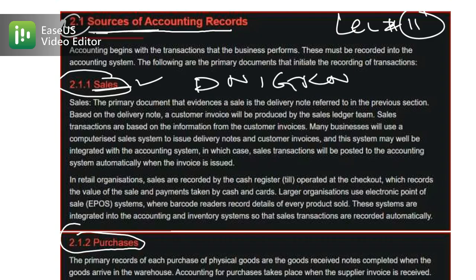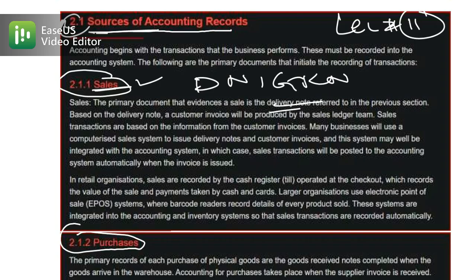So what is the first document that proves that a sale happened? That is the delivery note. This note confirms that the goods were sent to the customer, and it doesn't show prices, just item and quantity. It's like saying we delivered these items, here's the proof.